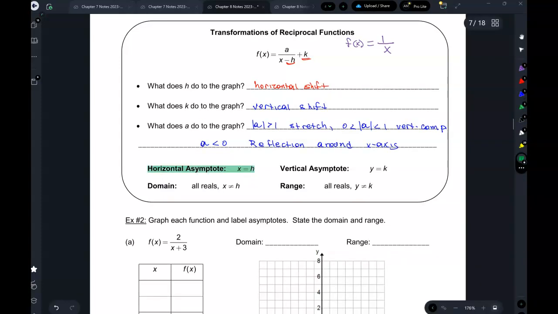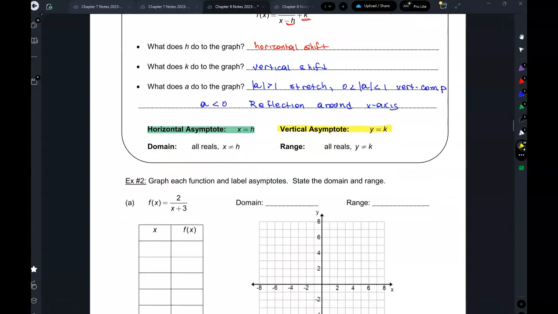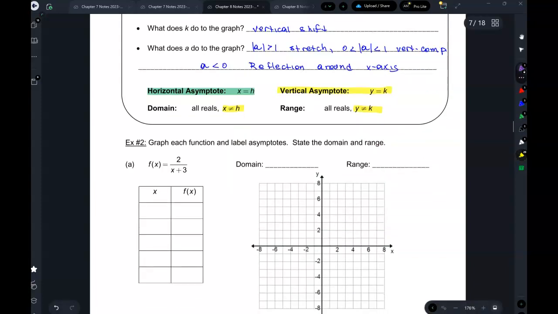It's going to be x equals h. The vertical asymptote is going to be y equals k. Okay? The domain and range will stay all real numbers except x can never be h, y can never be k. So it's just going to move. Okay? All right, so take a look here for a minute.